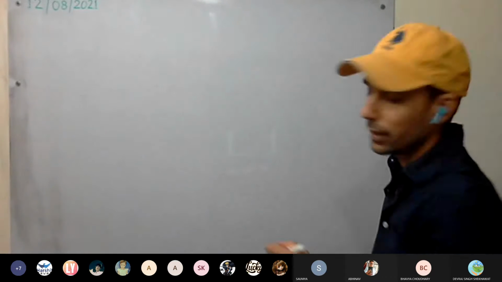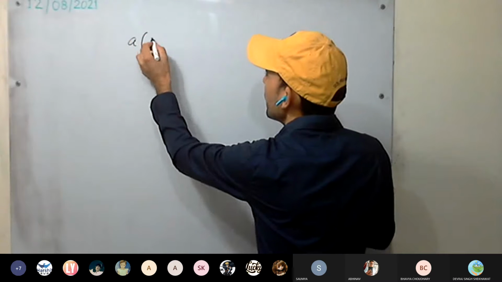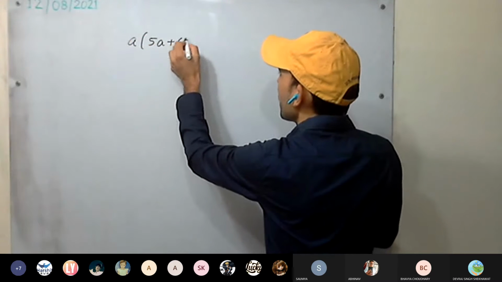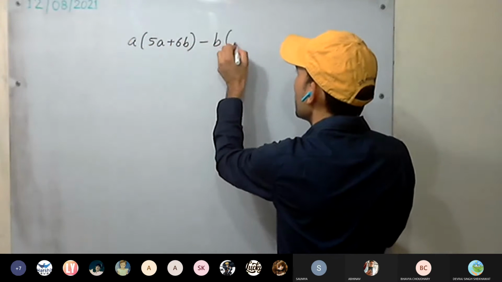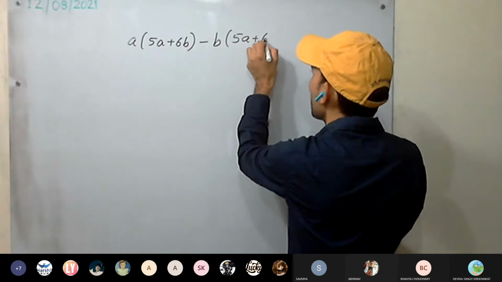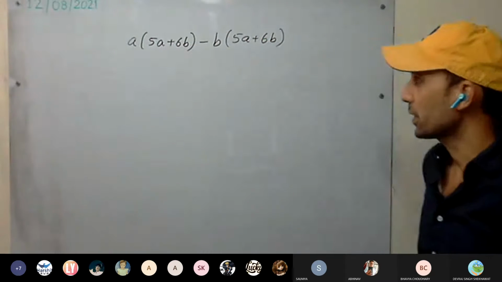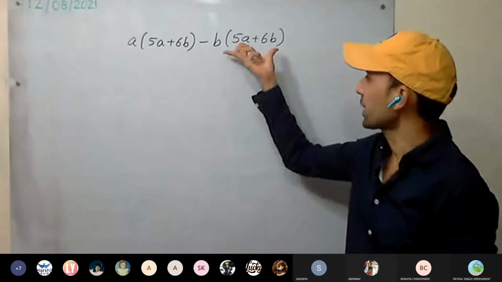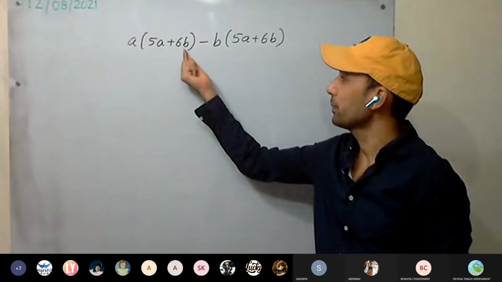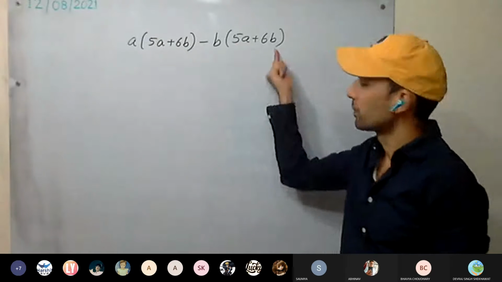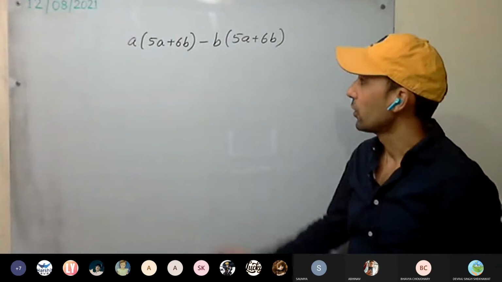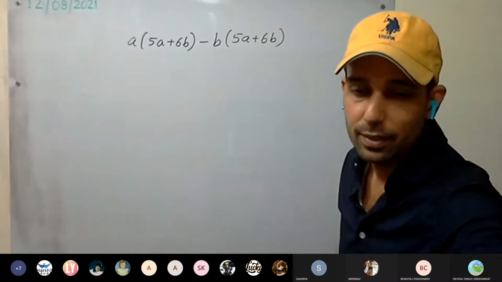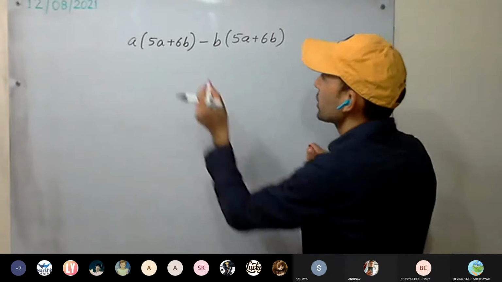5a plus 6b times a, minus b times 5a plus 6b. This is the expression given. Now see what is common. This is one term, this is the second term. What is common in them? 5a plus 6b is common. This whole is common.